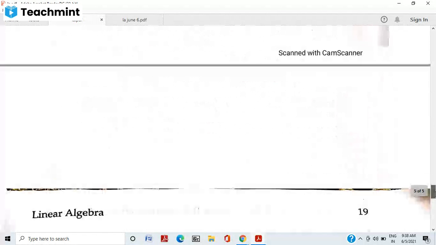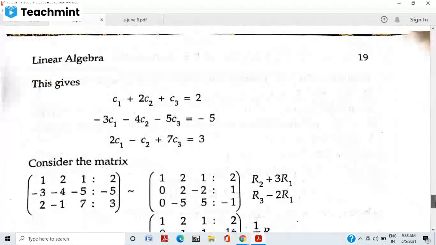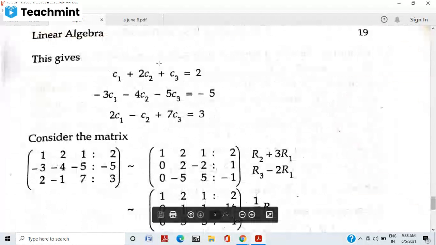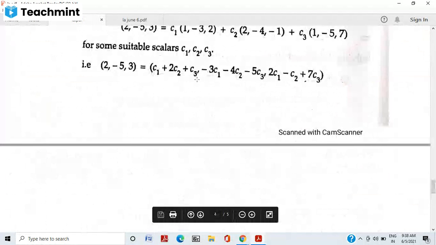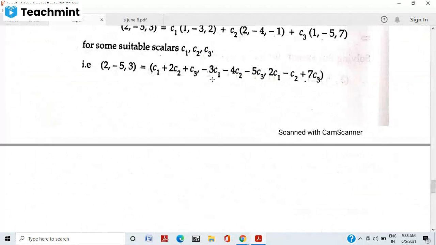Then how we have done yesterday, we will convert that into equations. Then what we get, that first one, C1 plus 2C2 plus C3, 2. Minus 3C1 minus 4C2 minus 5C3, minus 5. Then 2C1 minus C2 plus 7C3, it is 3.